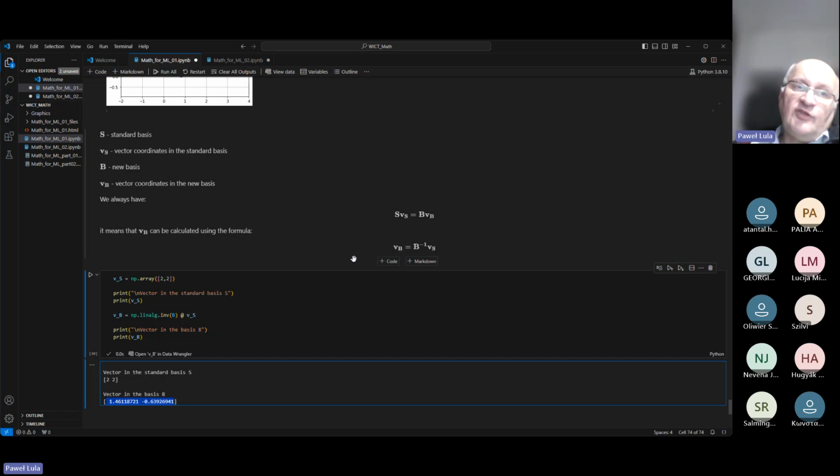If we have a situation in which we know this VB vector and we want to express this vector in the standard basis, then also it is possible to obtain the correct formula for it.